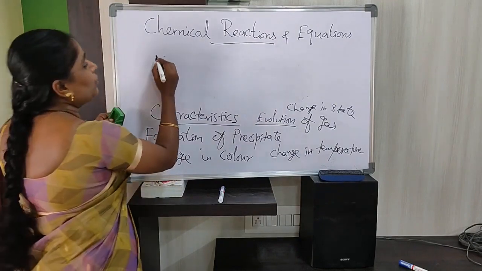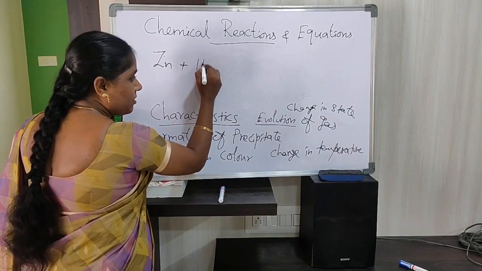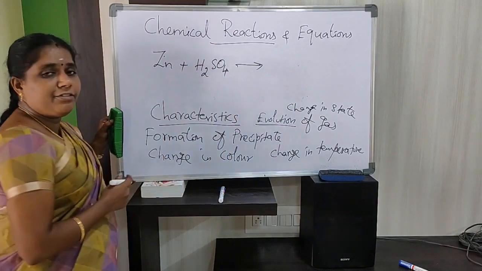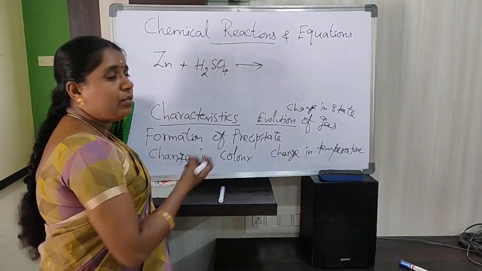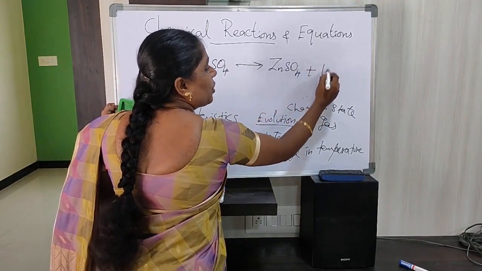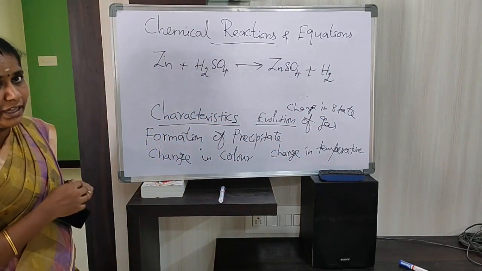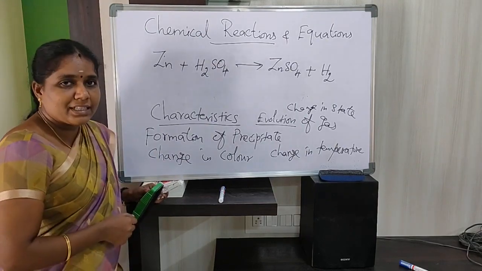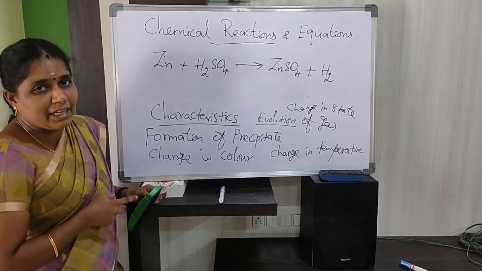For example, when zinc granules react with any acid like dilute sulfuric acid or hydrochloric acid, if you add a small zinc granule, both react to form zinc sulfate, and during this process it releases hydrogen gas. This example we discussed during our online class with the help of zinc granules and sulfuric acid, that evolution of gas takes place, isn't it?